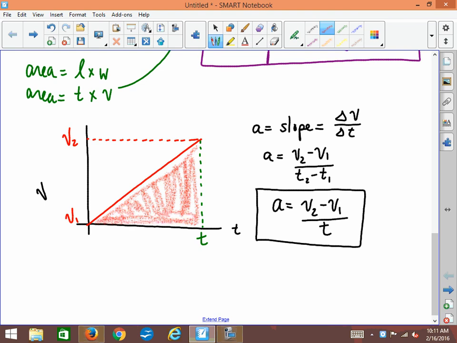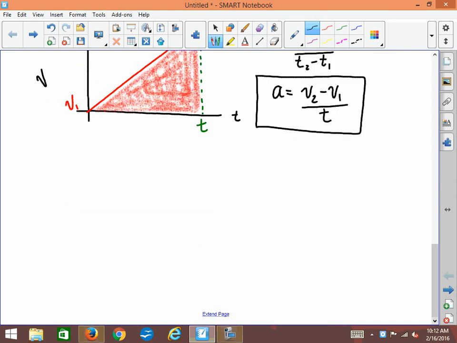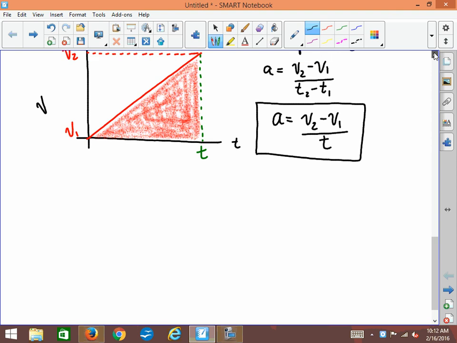This is the area between the red line and the time axis. But we've already said that on a VT graph, area tells you displacement. We've shown that. So now it's going to tell us displacement, but it's just going to be a different shape. So let's explore how we would do that. I'll move this up a little bit, and we'll just look at this.